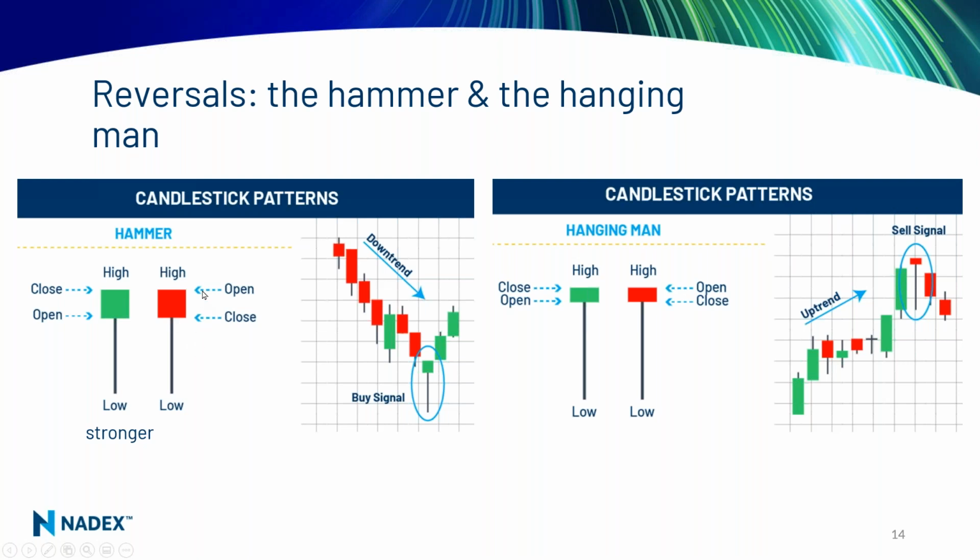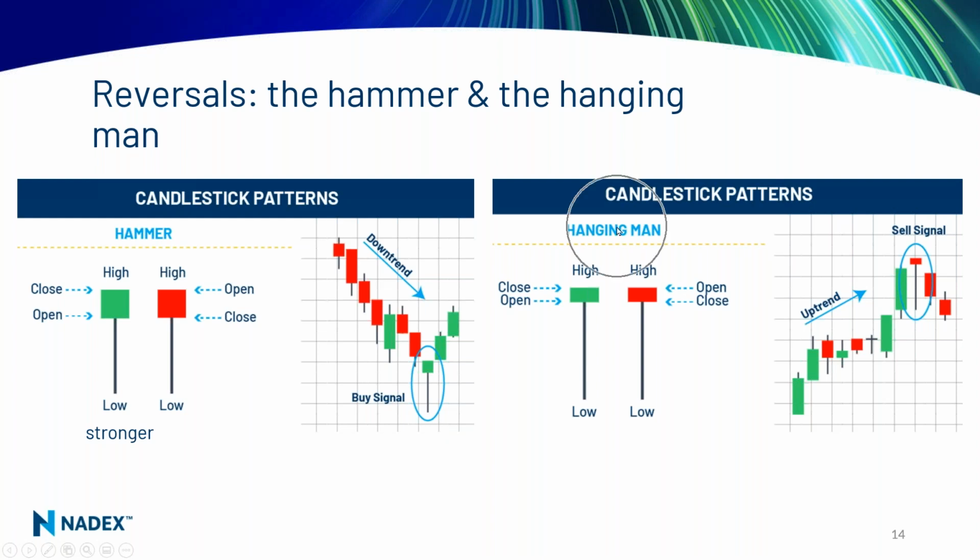Now, it could open, push all the way lower, and then not quite close higher than where it opened, and you would still get a red hammer, which would still potentially indicate a reversal. That's a reversal when you are in a downtrend. That is called a hammer. You're in a downtrend, and you see this particular candle form, you might be looking for a potential reversal. Sellers might have become exhausted.